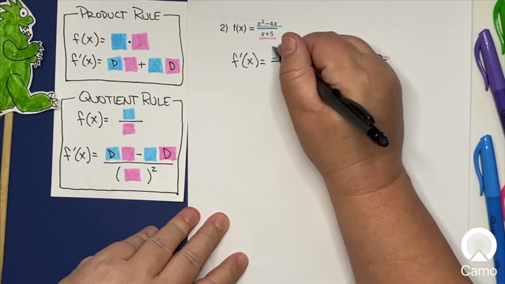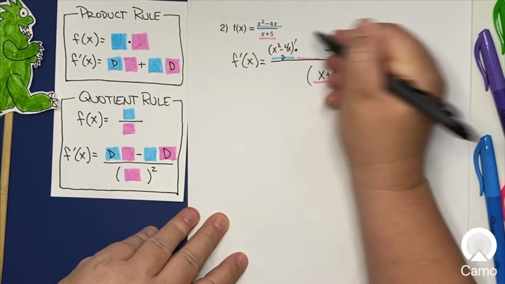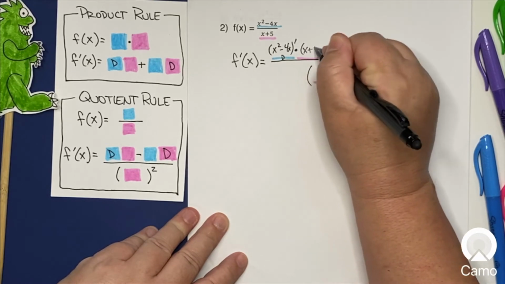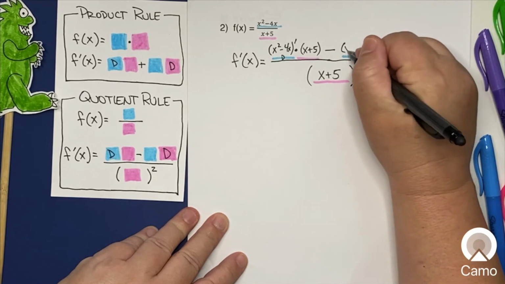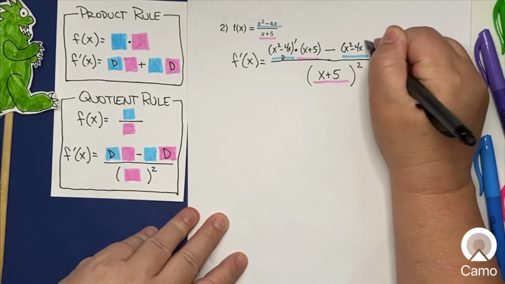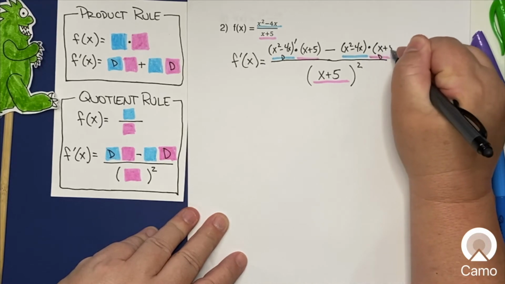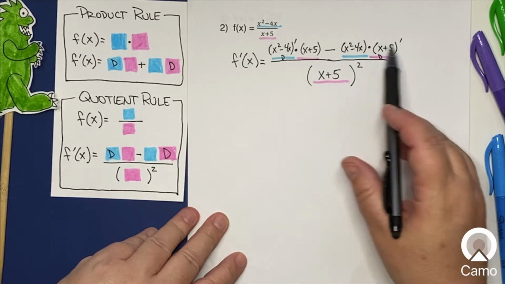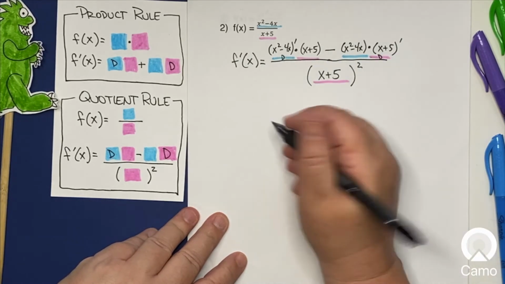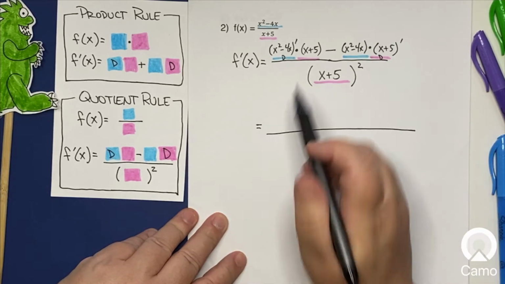So we want the derivative of x squared minus 4x first times just the plain x plus 5. Then we're going to take the x squared minus 4x plain times the derivative of x plus 5. All right, so the derivatives are on the outside like that.